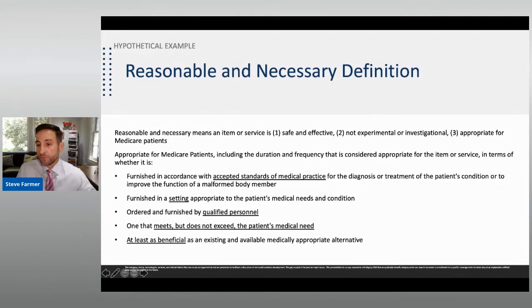As I mentioned previously, CMS focuses heavily on the third criteria in our evidence reviews, that the device is appropriate for Medicare beneficiaries. Considerations include that it is consistent with accepted practice standards, furnished in an appropriate setting by qualified personnel, meets but does not exceed the patient's medical need, and is at least as beneficial as an existing alternative treatment. Next slide.